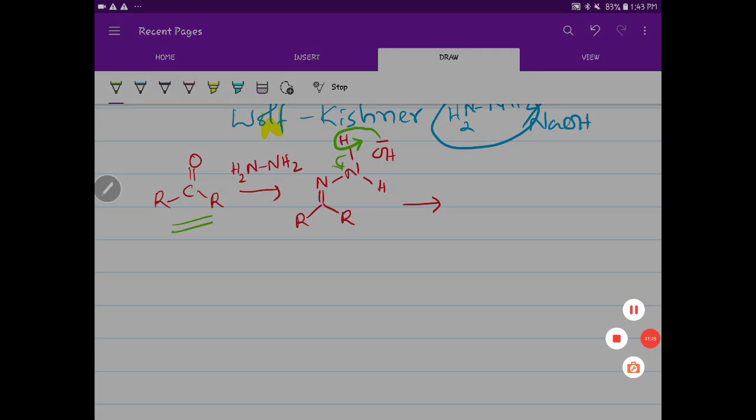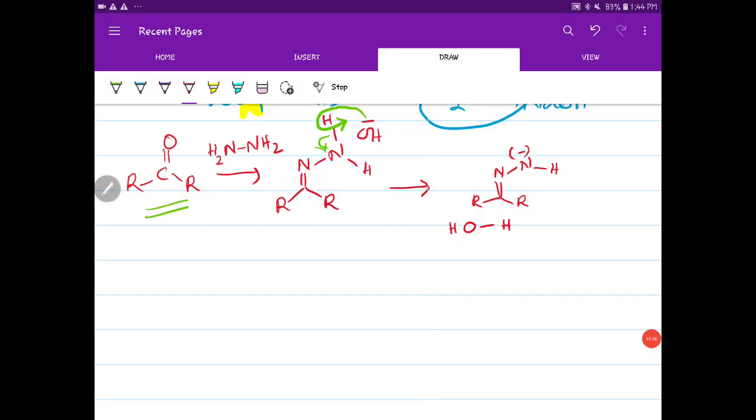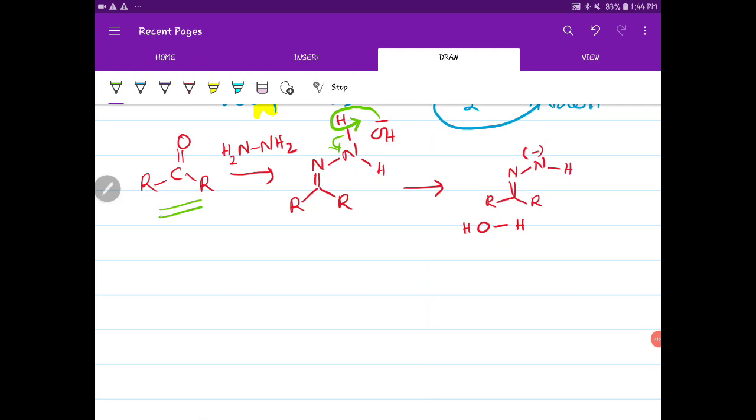This nitrogen will become electron rich, so it will have a tendency to delocalize the electron density. This C=N bond will absorb a proton from the aqueous solution, so it gives a compound like this, and this compound is a little acidic.